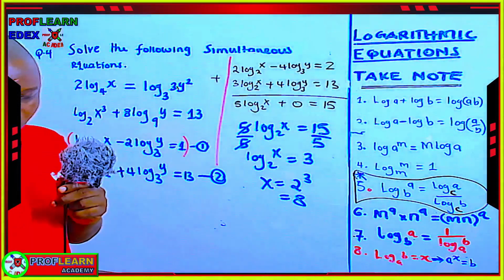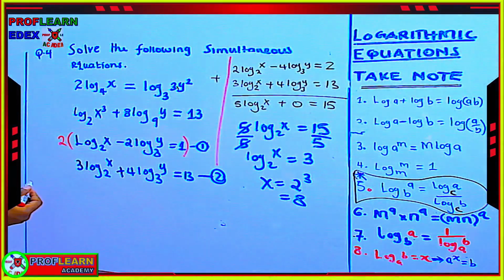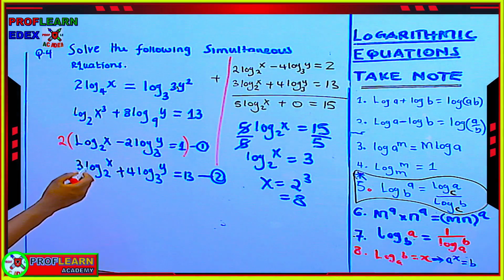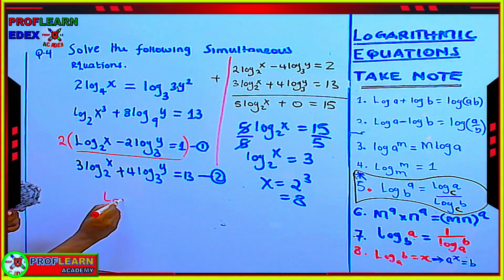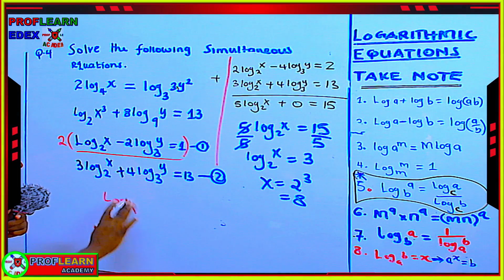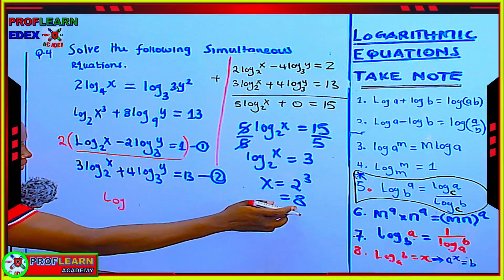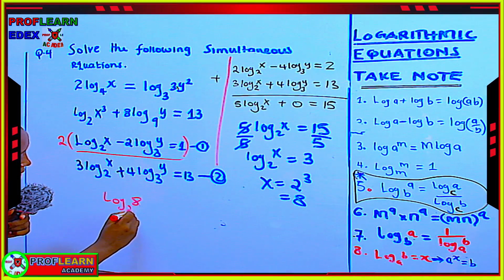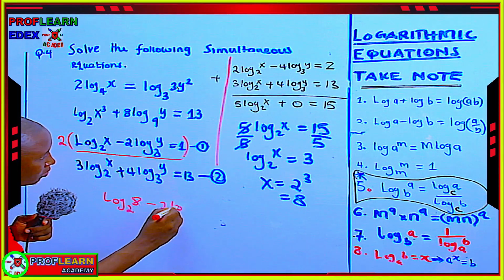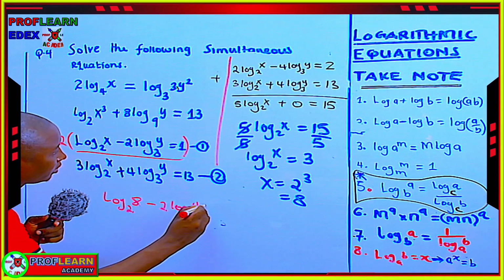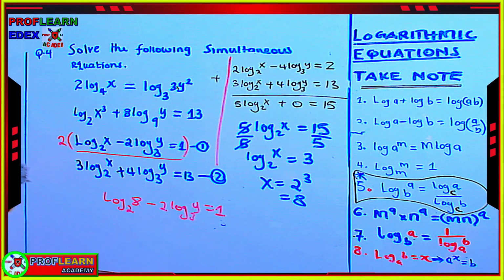Then we can use any of the equations. We can use equation number 1 here and say log 8 base 2 minus 2 log y base 3 is equal to 1.